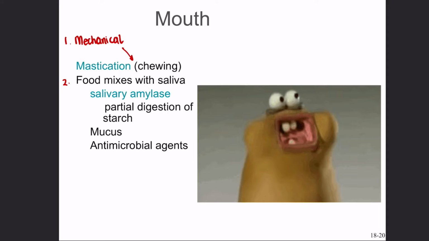And our saliva glands actually secrete an enzyme called amylase. Amylase is an enzyme that is going to digest starch into simple sugars, into, I think, disaccharides. I'll just write simple sugars.